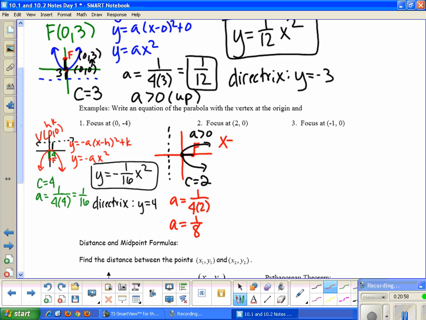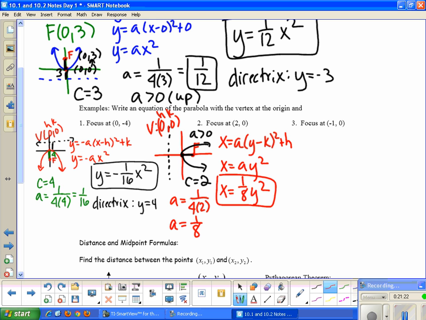Since my graph's opening to the right, it's x equals a times (y minus k) squared plus h. Now, we said our vertex is (0, 0), so that's h and k, so really it's x equals a y squared. And we said our a value was equal to 1/8.